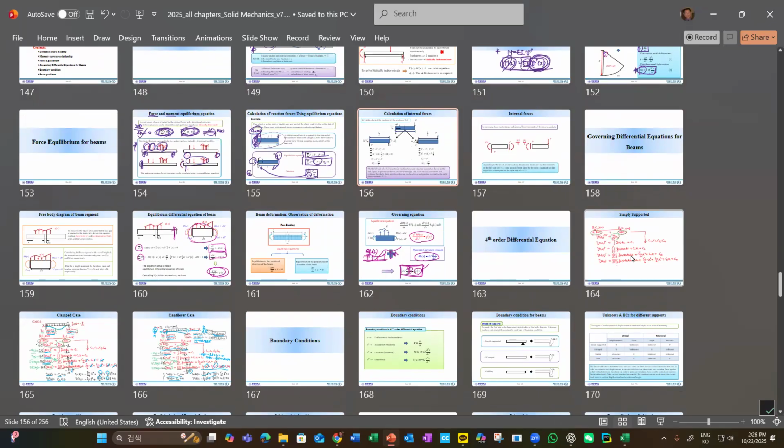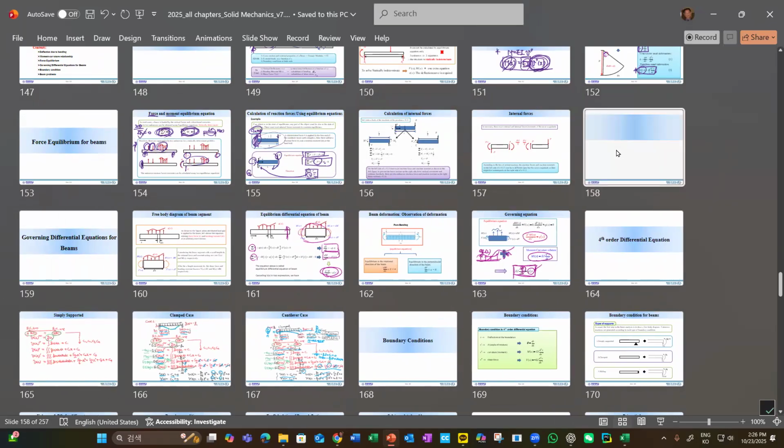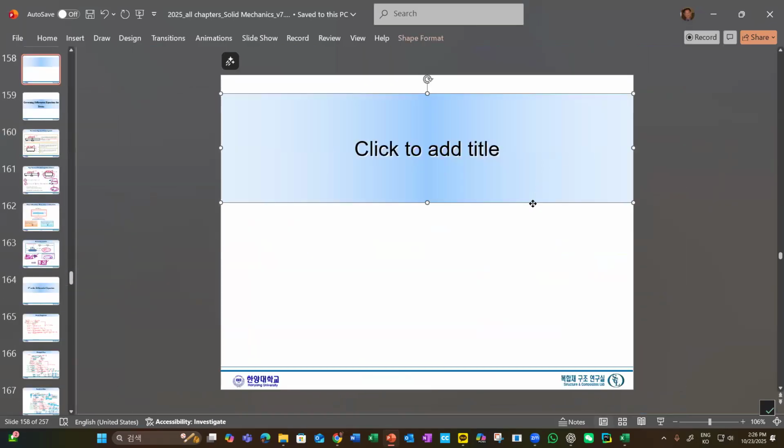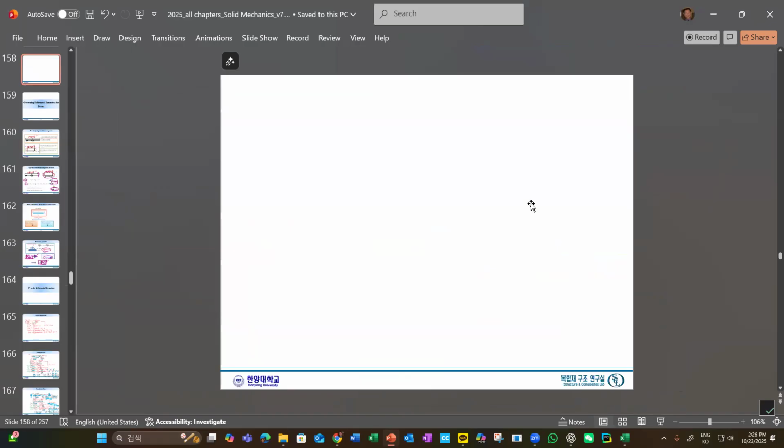Let me define a simple case. Say we have any type of beam, and this beam is laid on two supports.